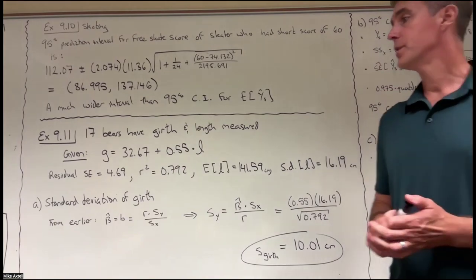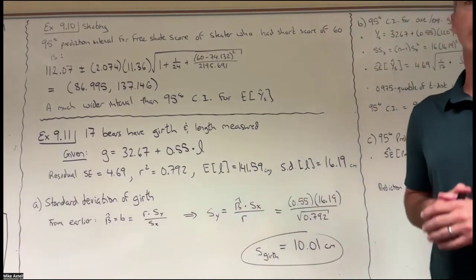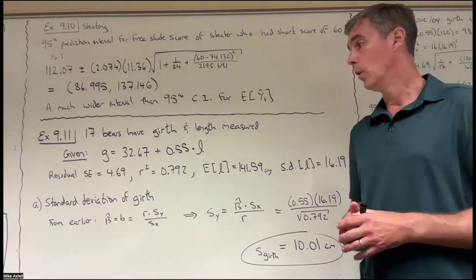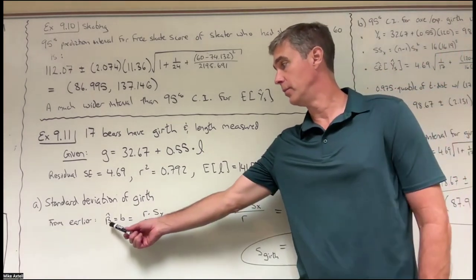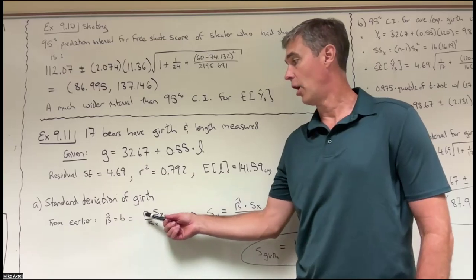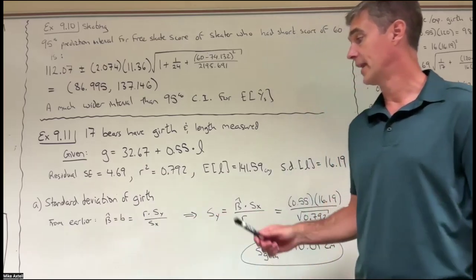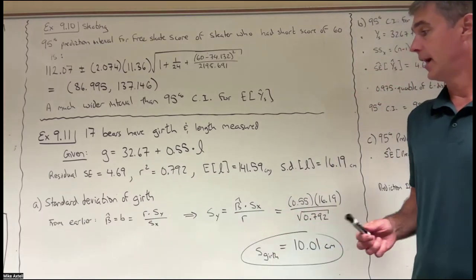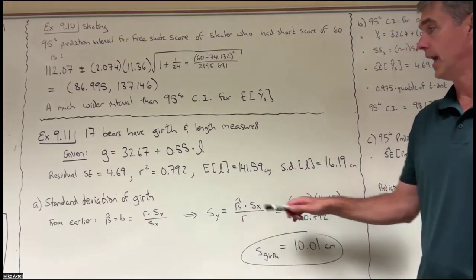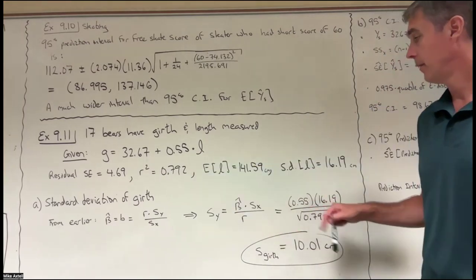First of all, what is the standard deviation of the girth, okay? Well, from earlier in chapter 9, we had that the predicted value B can be computed by R times SY over SX, and that allows us to solve for S sub Y. Now, the model tells me B hat, that's the 0.55.